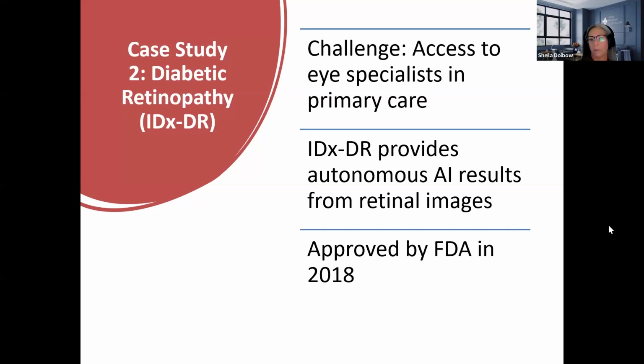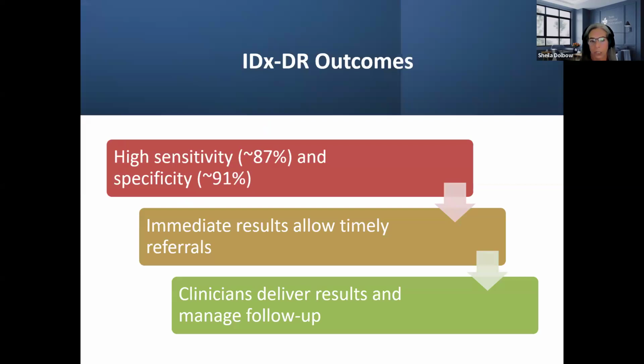So basically, this helps provide those autonomous AI results from those retinal images on the spot. And the outcomes here is that they had a high sensitivity and specificity, and they had immediate results that allow very timely referrals.